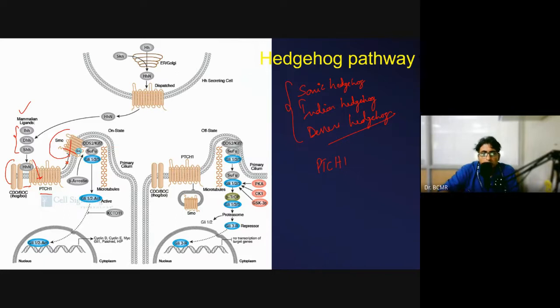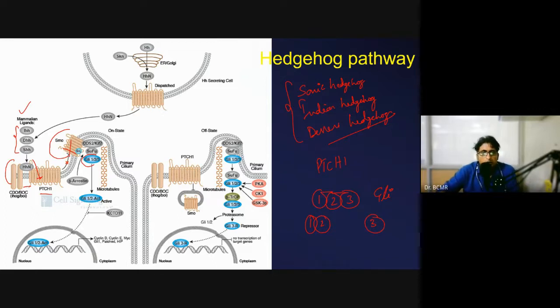A protein called Gli has three different kinds of domains, referred to as 1, 2, and 3. That is Gli, and it can be processed in two ways. Either Gli can be as 1 and 2, or it can be as 3.